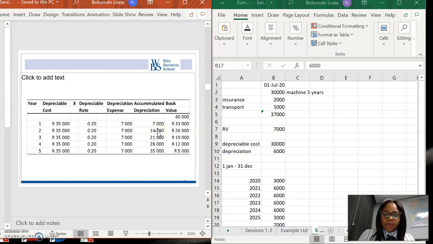And this accumulated depreciation increases over time each time you add the depreciation expense for that year. You'll notice here for the straight line method that your book value will be the residual value at the end, which will be the 5,000 value here at the end.